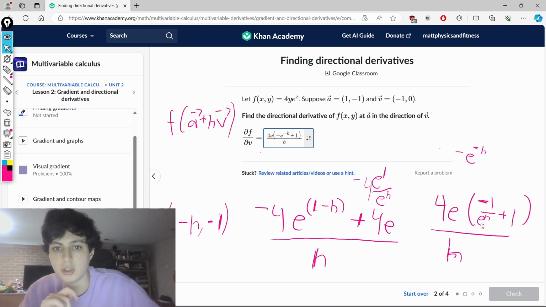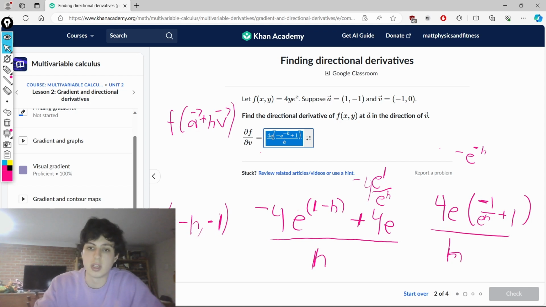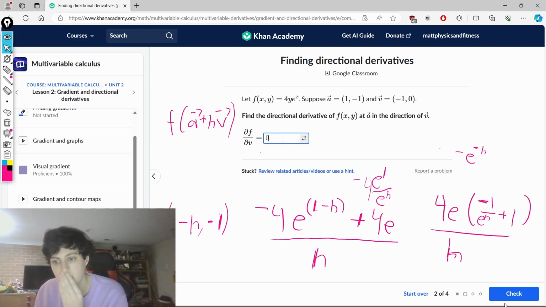I don't know. We know anything to the 0 is 1. This might be negative 1. Negative 1 plus 1 is 0. If the top is 0 and the whole thing equals 0, I don't know what to say. Not quite. I knew it.